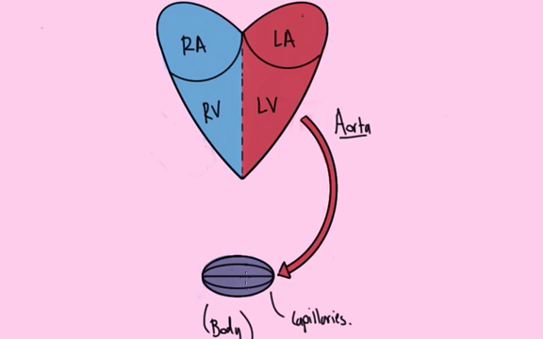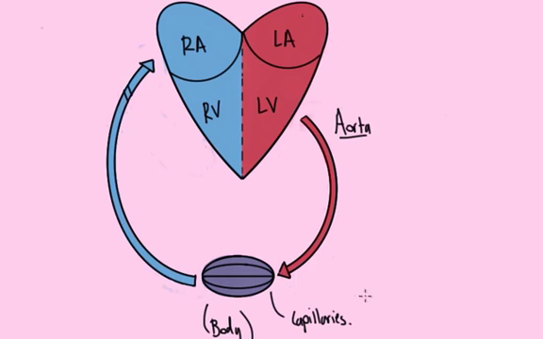When it gets to these capillary beds in the body, and this would be everywhere from your skin to your liver to your kidney to your brain, whatever tissue or organ is going to suck up all the oxygen and drop off all of its carbon dioxide. What results is blood that no longer has lots of oxygen in it, and that's why we label it blue. So we could say this is the arterial side.